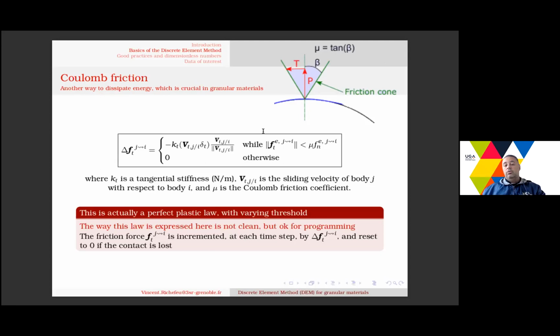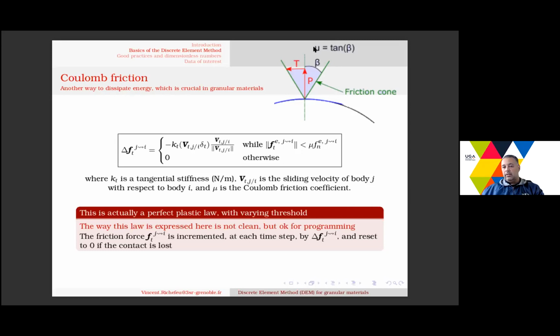Okay. So the way to write such a law is a little different. Instead of writing directly what the force is, we will compute the increment of force, and we'll update the force at each time step. So the tangential force will be the sum of all these terms for all the time. Okay. So to account for the Coulomb cone, I suppose you know about this, we can define it with an angle of friction, and we can define a coefficient which is the tangent of this angle.